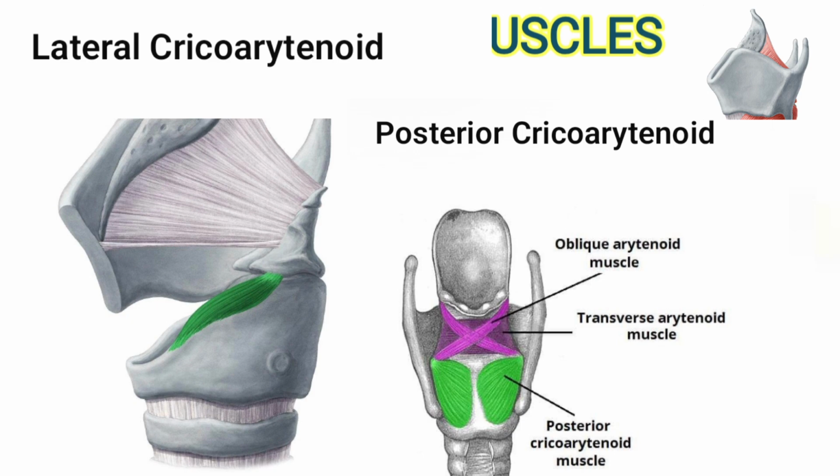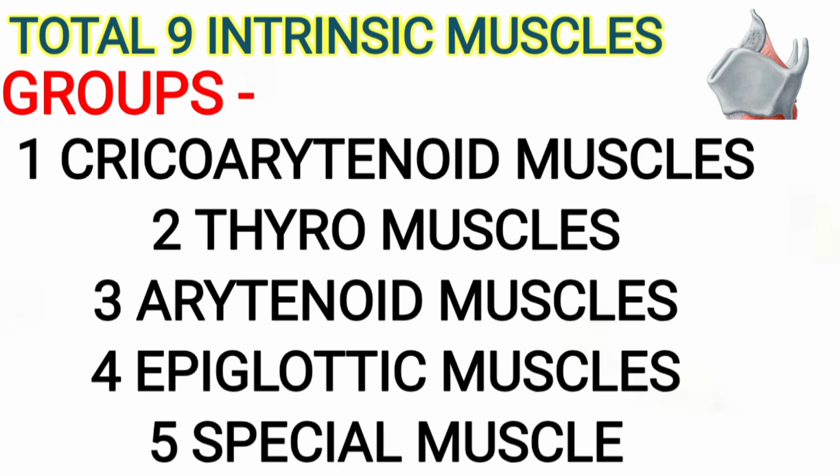Two muscles are there, posterior cricoarytenoid and lateral cricoarytenoid. Posterior means back, lateral means side; I am telling you about their position. We have already seen the action: posterior muscles open and lateral muscles close. So back opens and side closes.